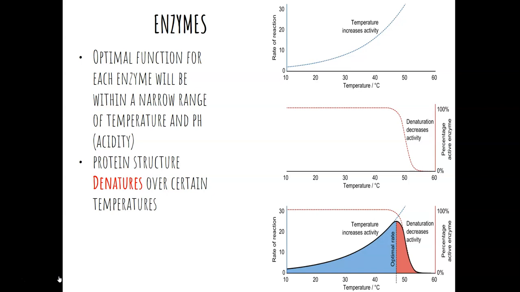pH, or the amount of acidity in a solution, is also going to affect the ability of an enzyme to work. Acidity or pH is a measure of the number of hydrogen ions to hydroxide ions. Plain water has a pH of 7, and it has equivalent amounts of hydrogen ions and OH- or hydroxide ions. As you become more acidic, you have more H+ ions. And as you become more basic or alkaline, you have more OH- ions.